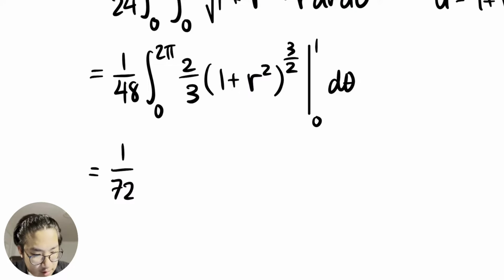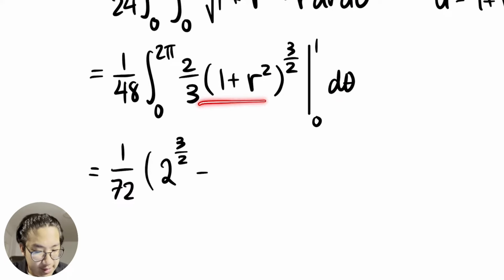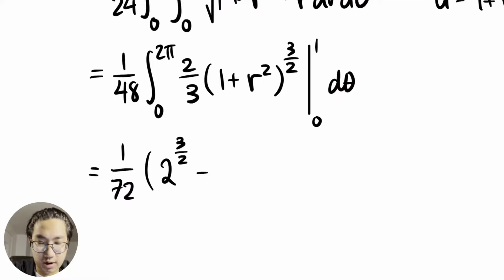So if we evaluate at 1, we then have 1 plus 1 squared, so 2 to the 3 over 2. Minus, and then when you plug in 0 here, this is where you do want to be careful. This is where I also remember making a lot of mistakes when I was doing practice, forgetting to substitute 0 in, because when you plug in 0 over here, you actually get 1 to the 3 over 2, but that's just still 1.